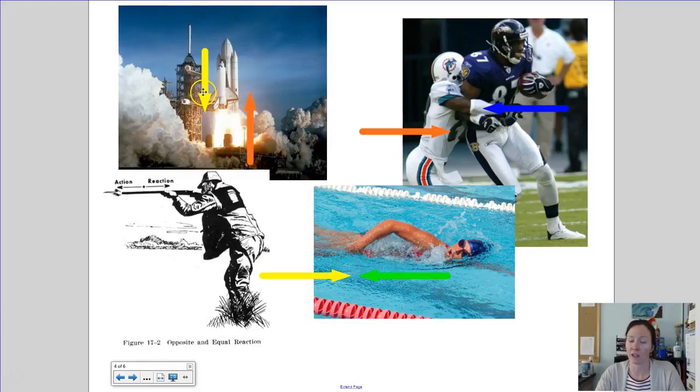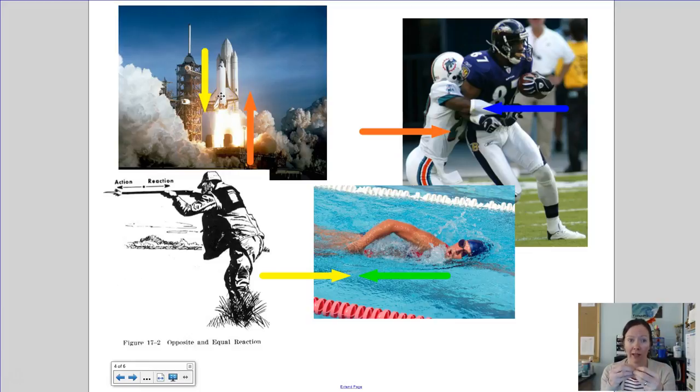A rocket launching is a very common example of Newton's third law. It's important to remember that the rocket takes off not because the gases are pushing on the ground. A lot of people say that, but the gases are actually pushing on the rocket.